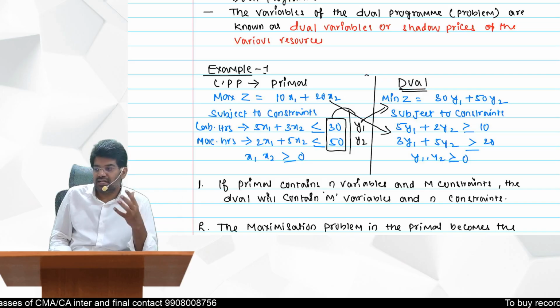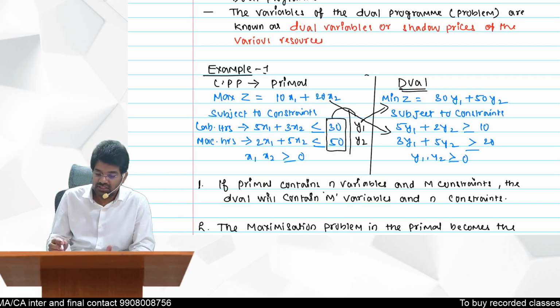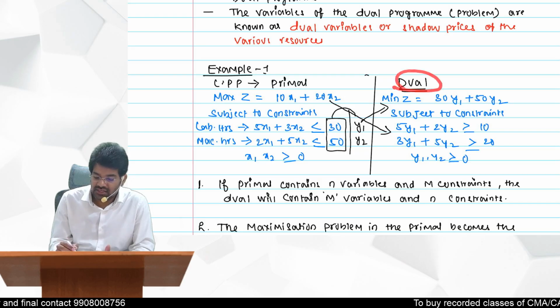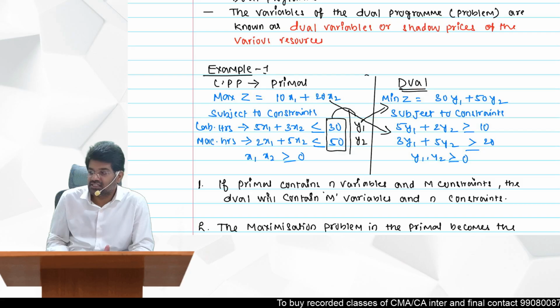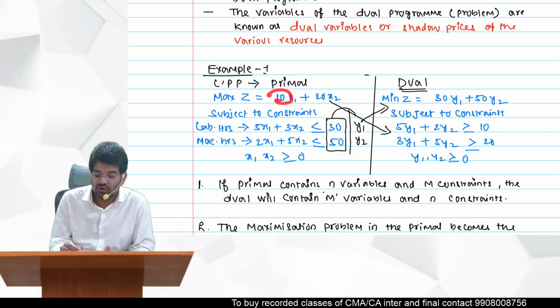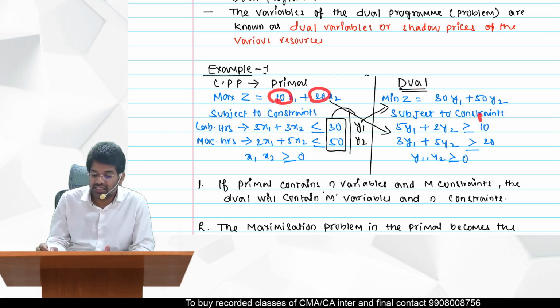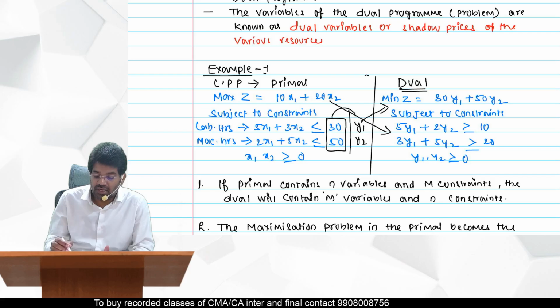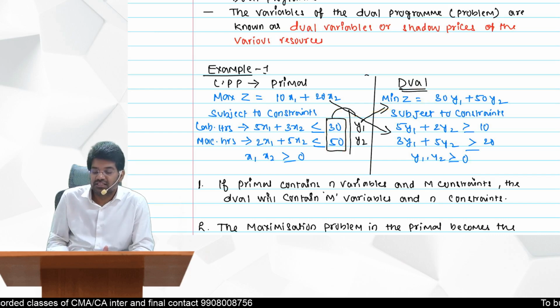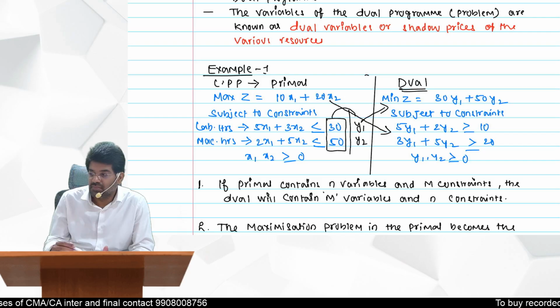First let us transpose this. In the dual, these decision variables will become your constraints. Your decision variable coefficients will become your RHS, and your constraints' RHS will become the objective function coefficients. That is the reason these indications are given.